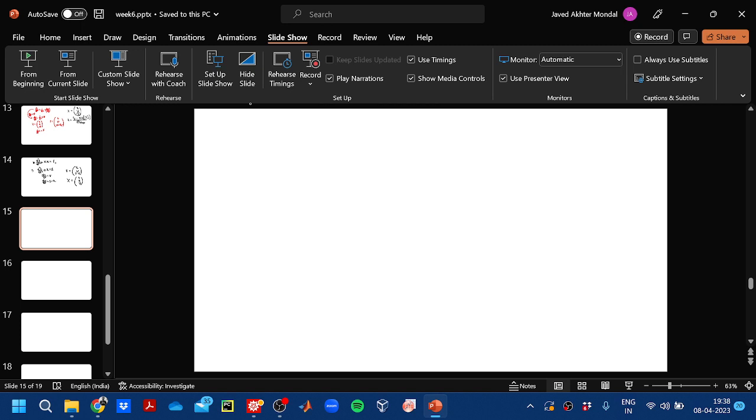So there are other types of problems. You can solve this LCR circuit equation also. The LCR circuit equation is basically a damped harmonic oscillator. So you can also solve the damped driven harmonic oscillator.